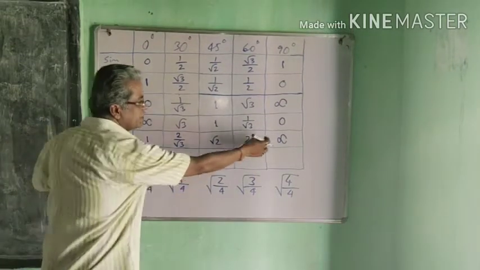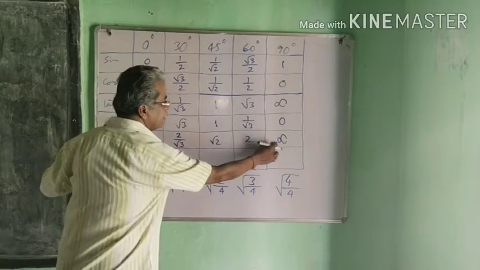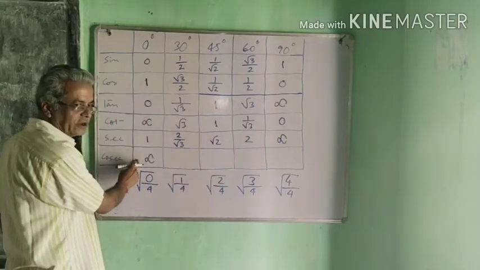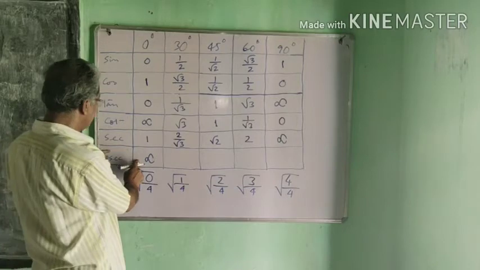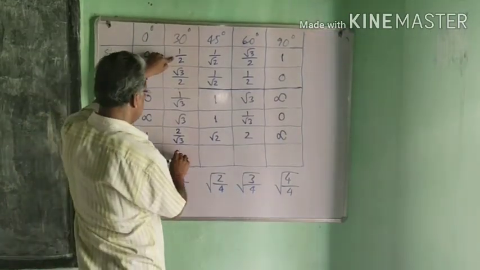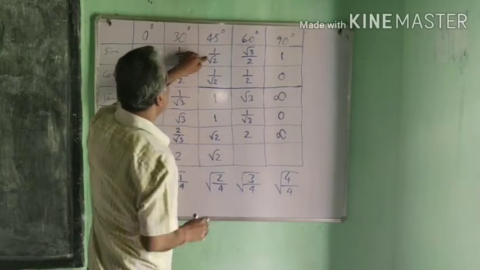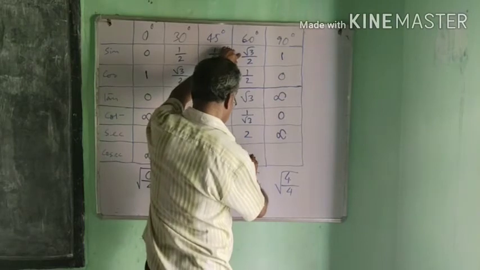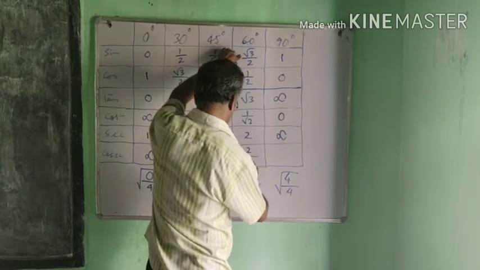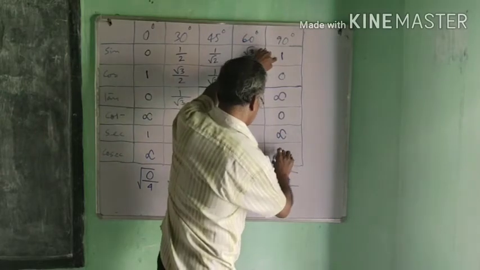Also you can see from the right side, sec 90 degree is cosec 0 degree. Take the reciprocal again. Reciprocal of half is 2. Reciprocal of 1 by root 2 is root 2. Reciprocal of root 3 by 2 is 2 by root 3. And 1 divided by 1 is 1.